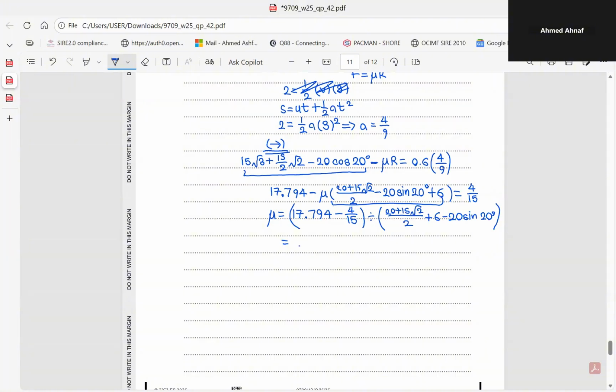You would get 0.887 to 3SF as your final answer.